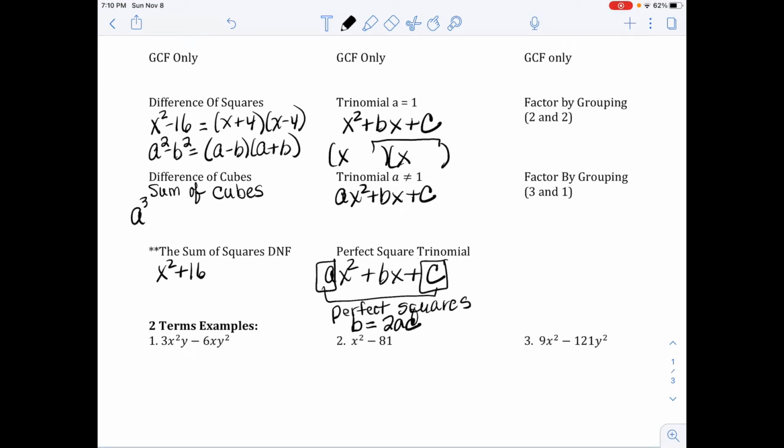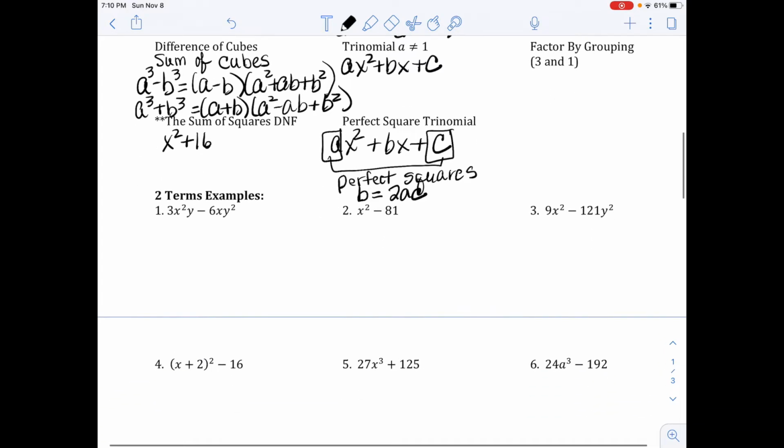So the difference is a cubed minus b cubed becomes a minus b, and then a squared plus ab plus b squared, and a cubed plus b cubed, very similar, a plus b, a squared minus ab plus b squared. All right, so let's try some examples.